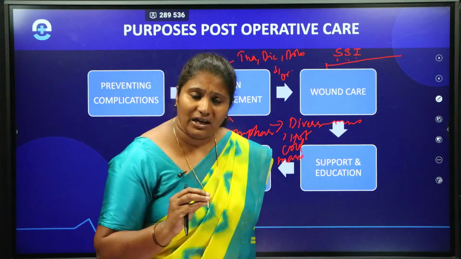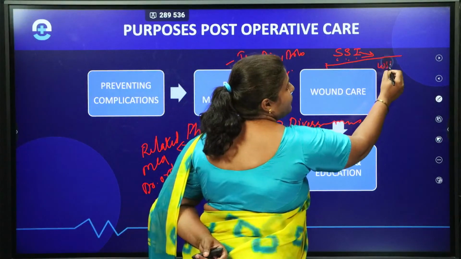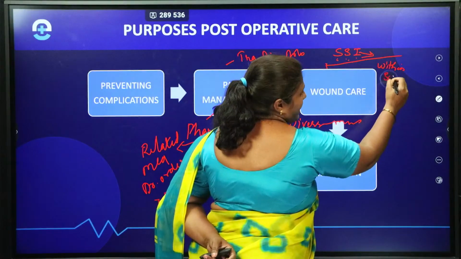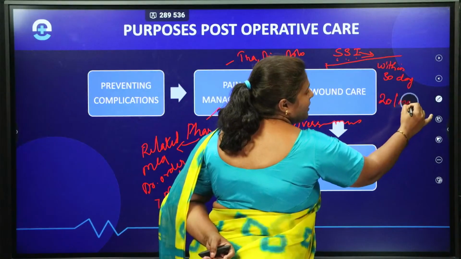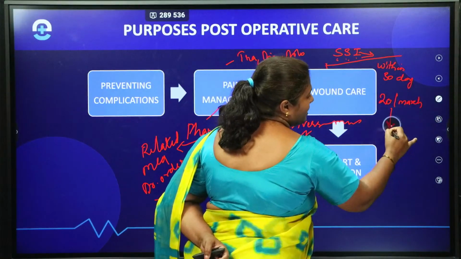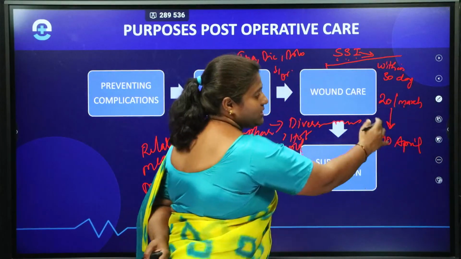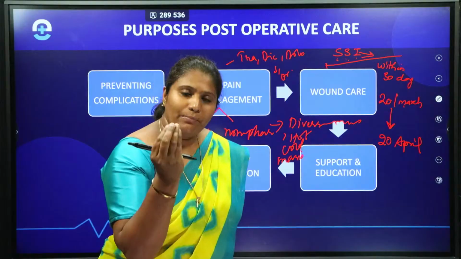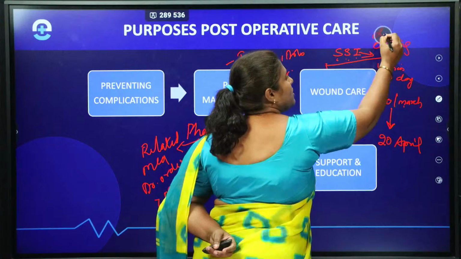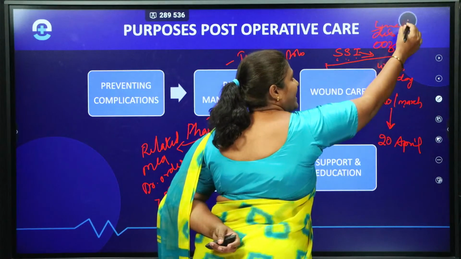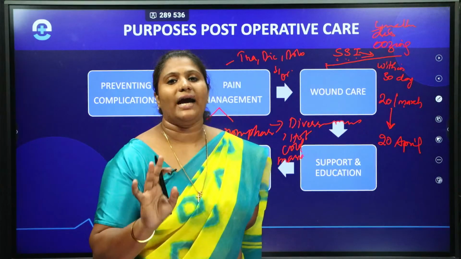Surgical site infection is an infection within 30 days after the surgery. For example, if the surgery was done on 20th March, then between 20th March and 20th April, if there is oozing, any discharge, swelling or redness at the surgical site, that is called surgical site infection.